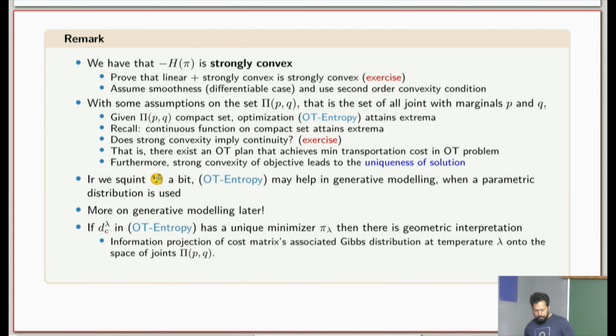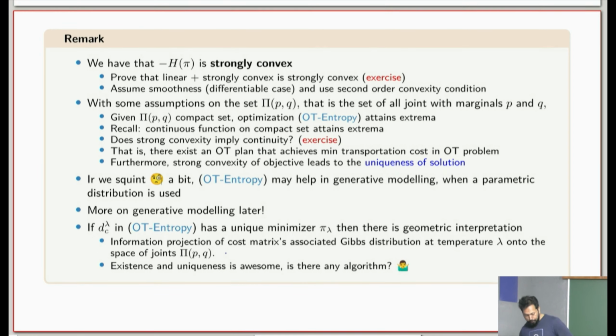This is like an information projection of the Gibbs distribution associated with the cost matrix, at temperature lambda, onto the space of joints P and Q. Because we see this as a kind of dot product, we have this geometrical view. So we have existence because of compactness and continuity, and we have uniqueness because of the strong convexity.